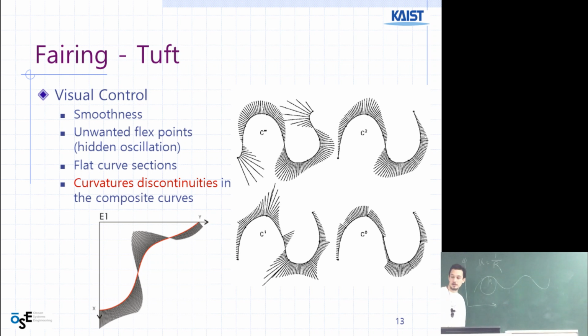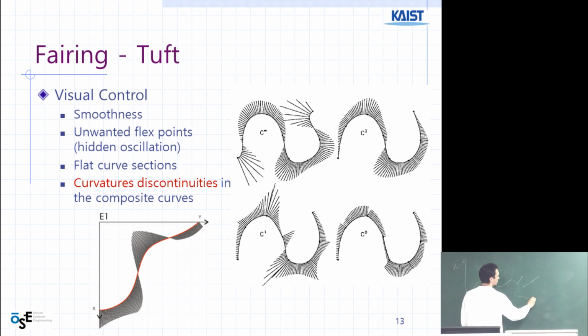And our goal is to have a smooth curvature. That means if we plot the curvature along the line, let's say S, it should be smooth. It should not have a kick or a jump in the curvature.